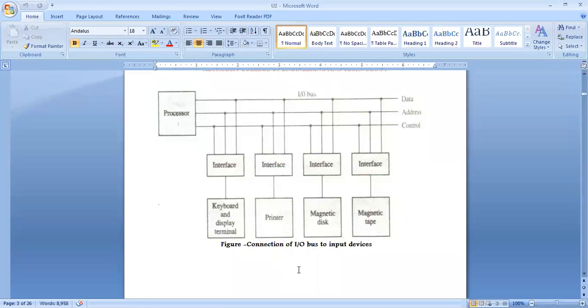So to provide communication between them, we make use of an interface, which supports sending data to and receiving data from the processor. This will be a 2 marks question: what is the significance of the interface module in input output bus organization?